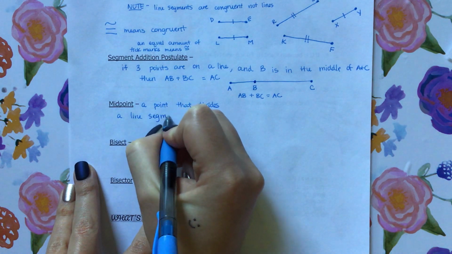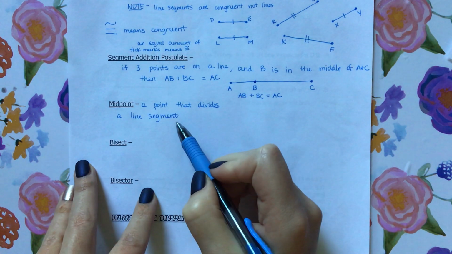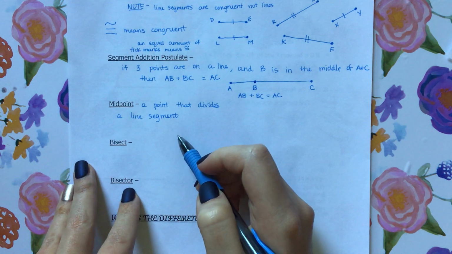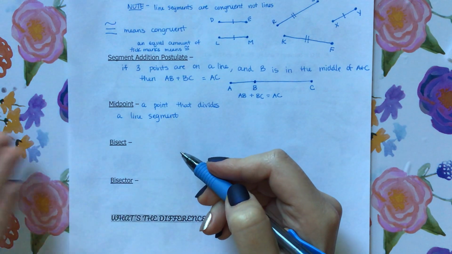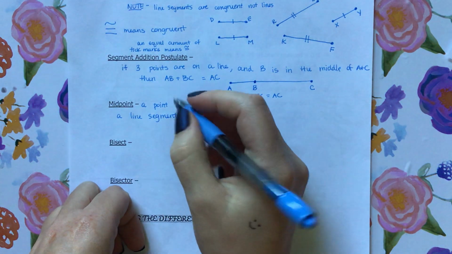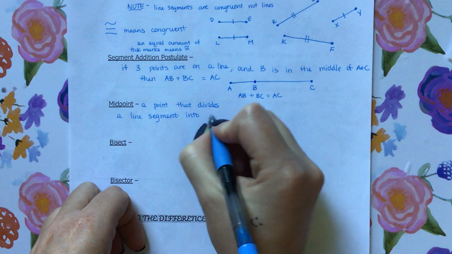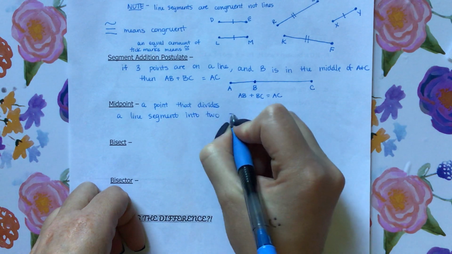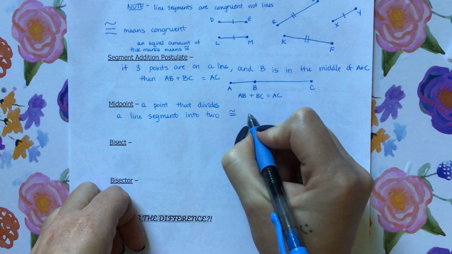Once again, it has to be a segment. We cannot divide a line in half because half of infinity is still infinity. So it has to be a line segment, a point that divides a line segment into two congruent halves.